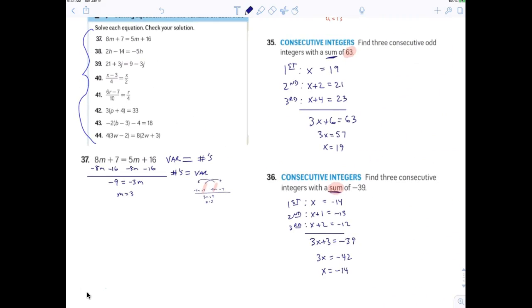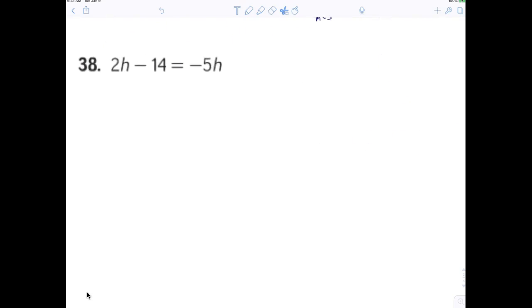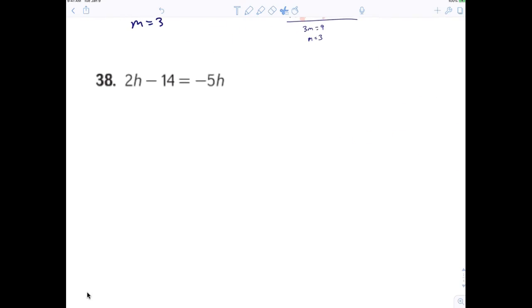All right, let's check out 38 now, guys. Now again, I'm trying to isolate, right? So to me, the easiest thing to do would be to just go ahead and move the 2h over here. The bigger one. All right, so when I do that, that's just a what?